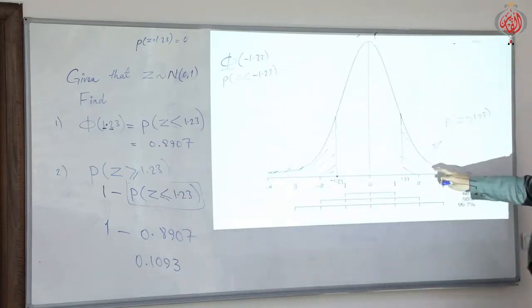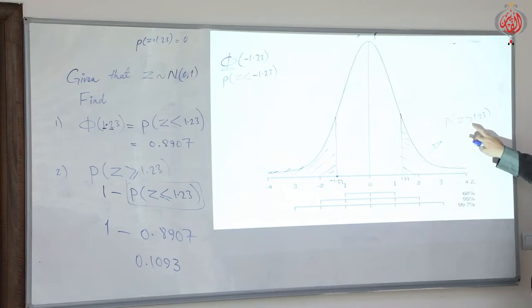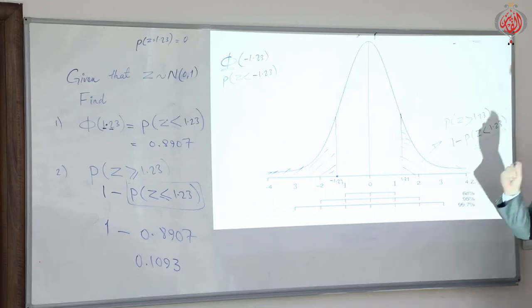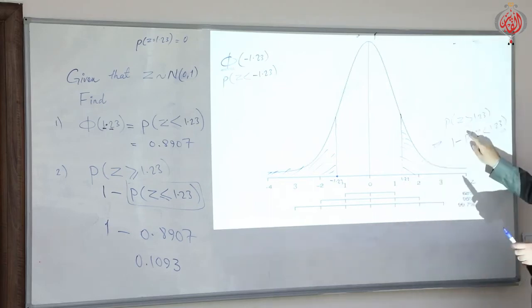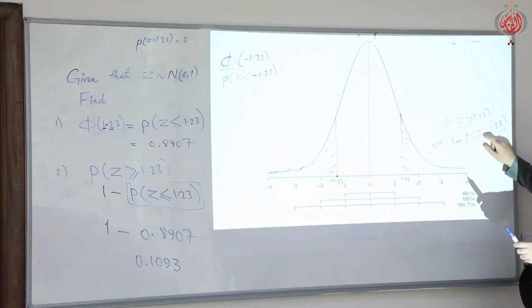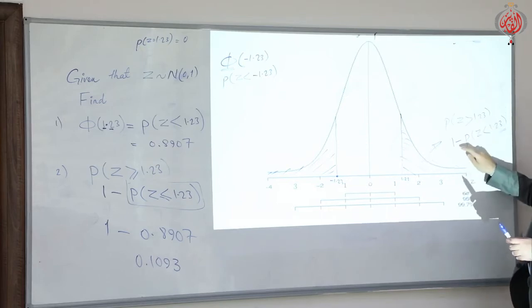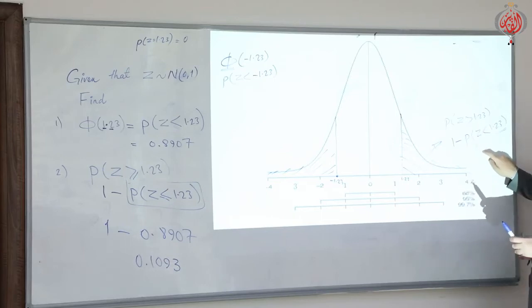How to find this one? Always, if you have more than a positive value, it is 1 minus the probability of Z less than 1.23. And that one you can get from the table. Remember always a very important point: you will be able to find the value of the probability if you have Z less than, not Z more than. So this one is equivalent to that one.